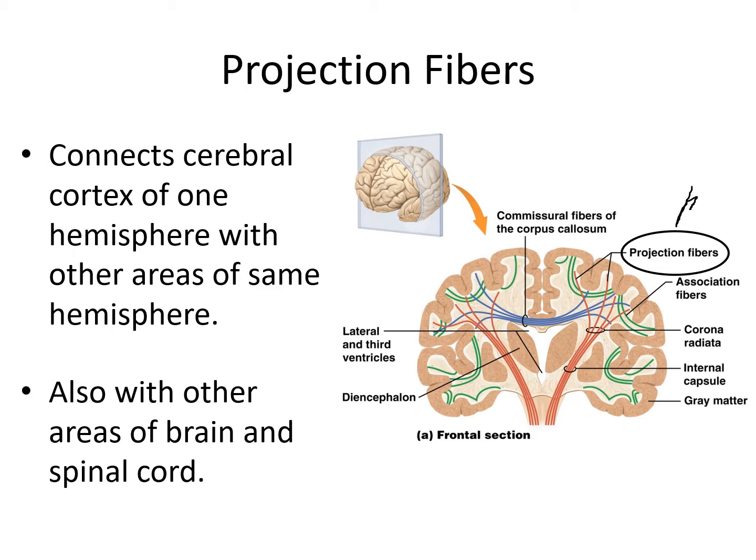So it connects the cerebral cortex in one hemisphere to other areas of the same hemisphere, also with other areas of the brain and spinal cord. So they're going from one cortex to other parts of the cortex and also to the spinal cord.